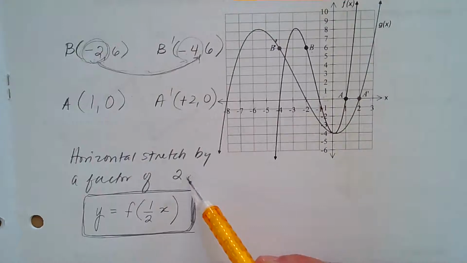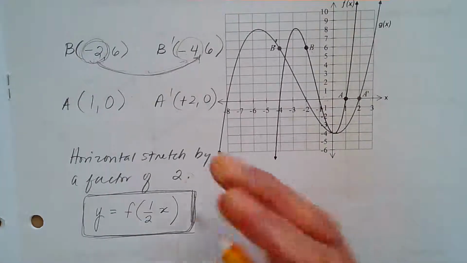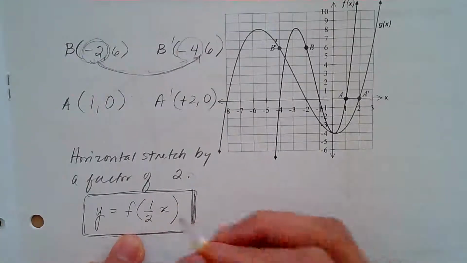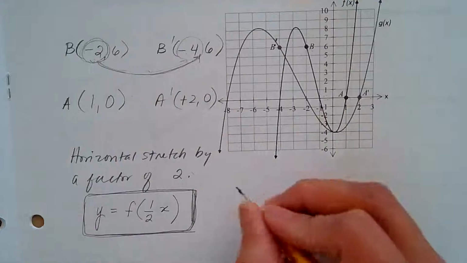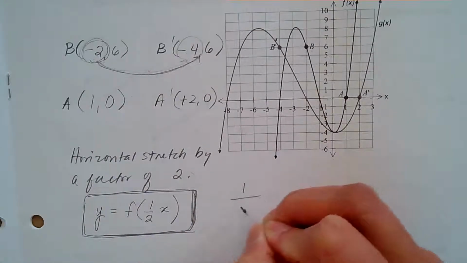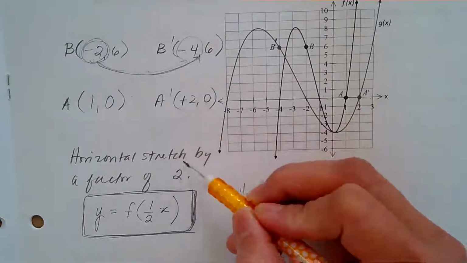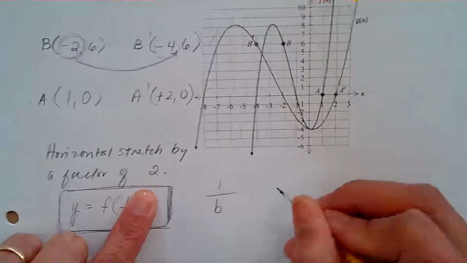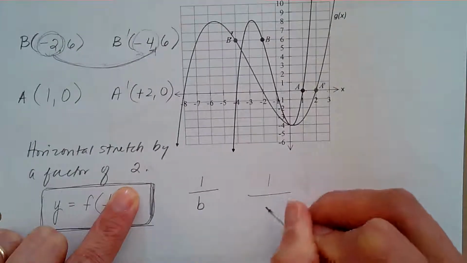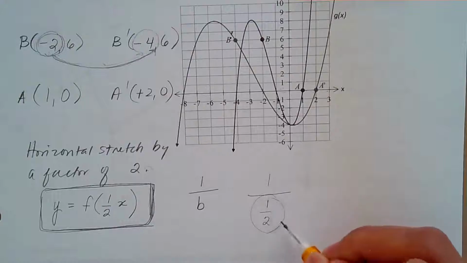But when we're writing it down in here, the factor would be 1 over B. So if this is 2, that means it's going to be 1 over 1/2. So the B is 1/2.